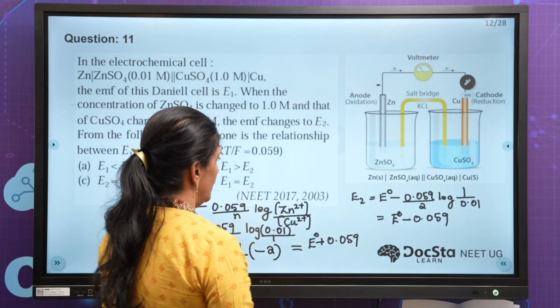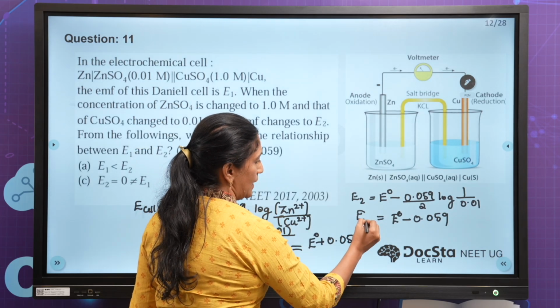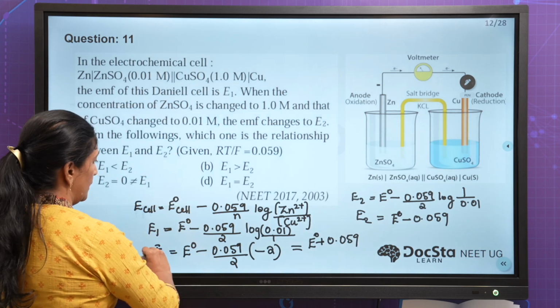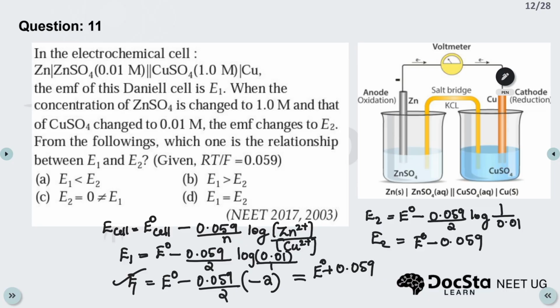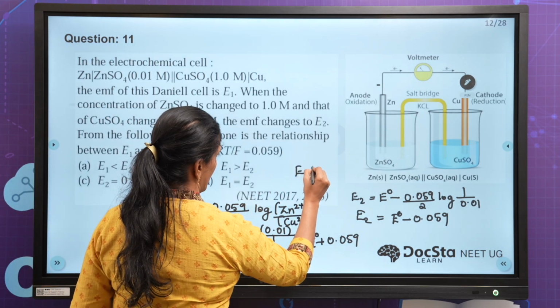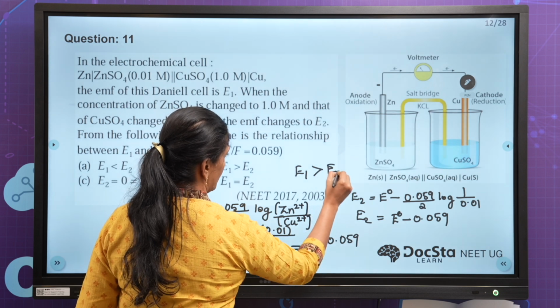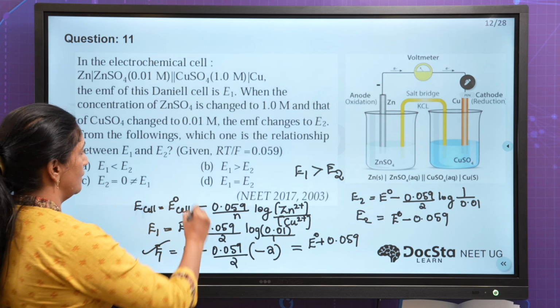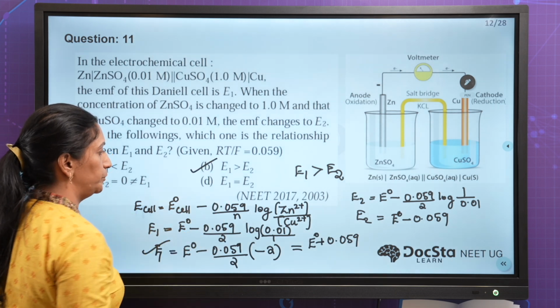Now see, E2 is E0 minus 0.059, whereas E1 is E0 plus 0.059. So definitely we can say that when the concentration is changed, E1 is greater than E2. So the correct option regarding this question is option B.